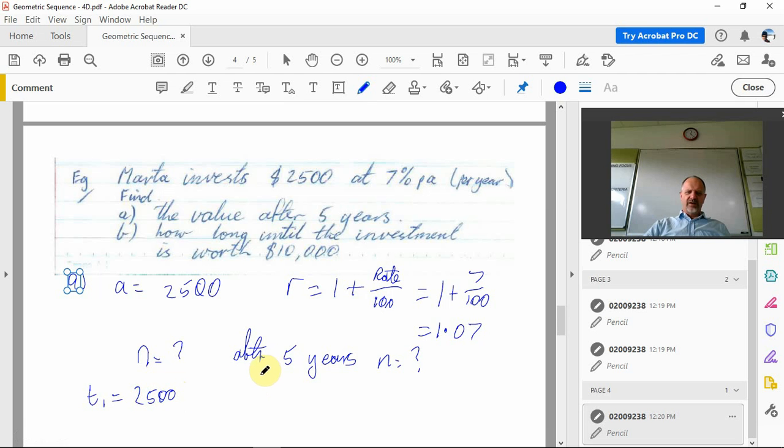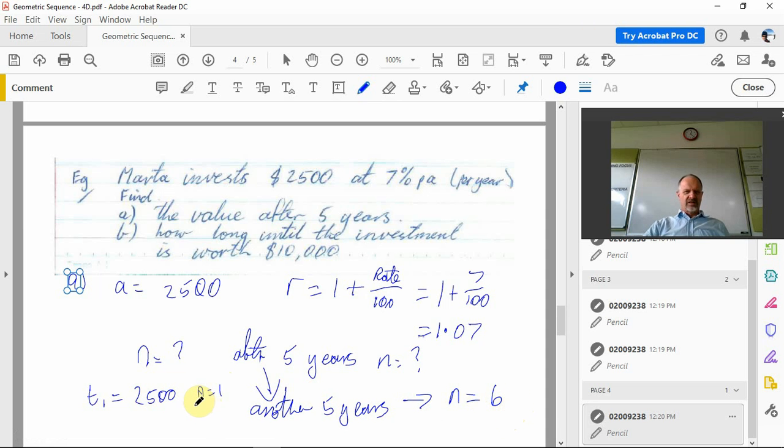So for this one, then after 5 years, that then means that N is going to be equal 6.